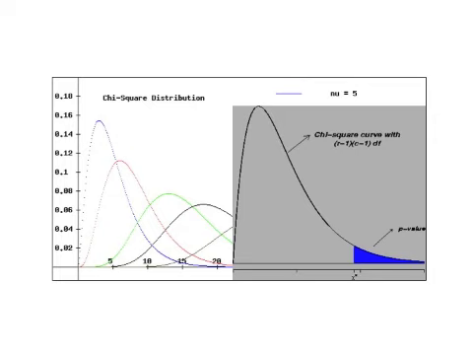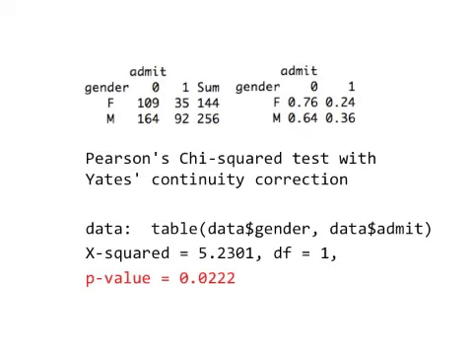If that is small, you will reject it. And we're very unlucky to see that the p-value is 2%. You can publish a paper saying that there is unfair discrimination against women.